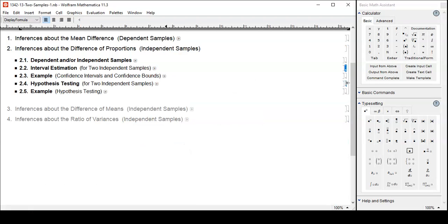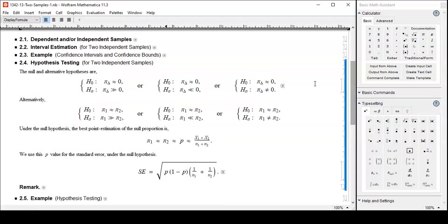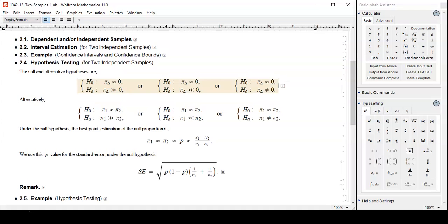Okay, let's begin. Hypothesis testing. We have either these kind of structure or those kind. They're actually equivalent. We have two samples, so one sample has proportion pi1 and the other sample has proportion pi2. And the idea here is null hypothesis means no difference.